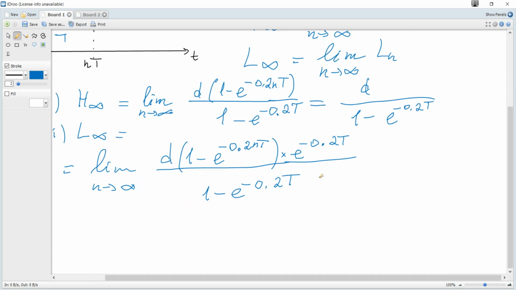And this tends to 0 when n tends to infinity, so it becomes D e^(-0.2T) divided by (1 - e^(-0.2T)).